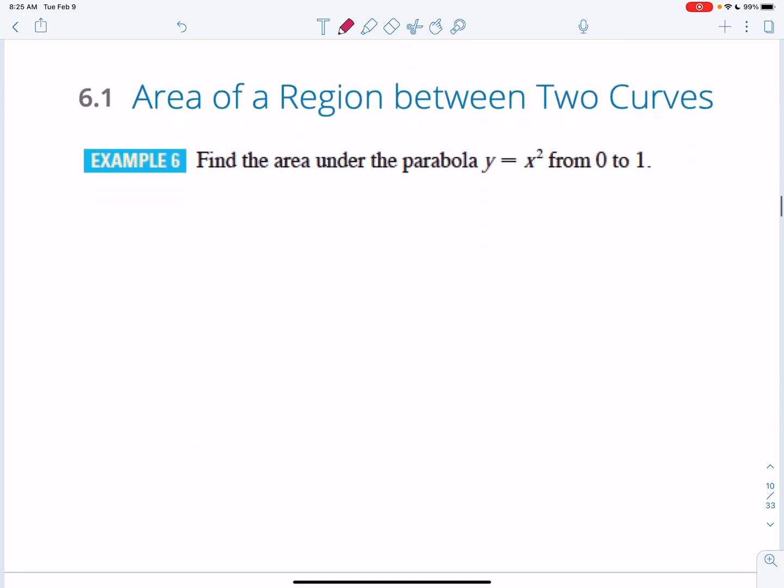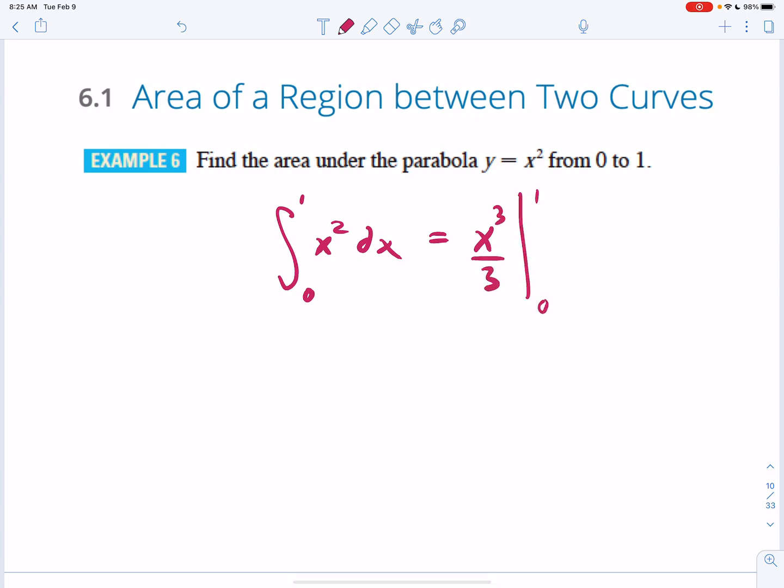So we learned in calculus that the integration does that, right? Or the antiderivative. We could take the integral of x squared dx from 0 to 1 to find the true area under the curve. And then here, using the fundamental theorem of calculus, part 1, we learn to integrate.